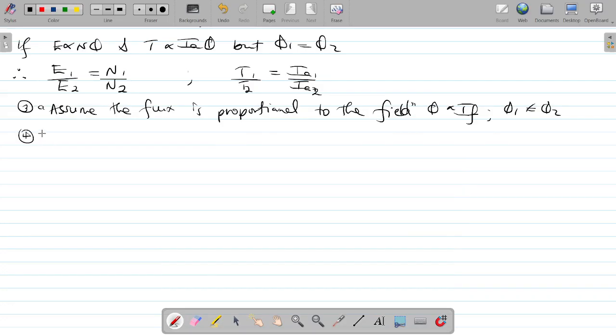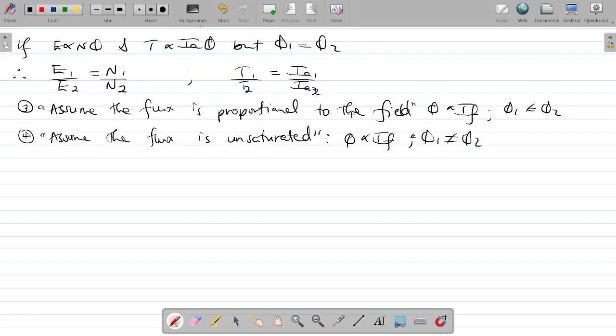Number 4, it says assume the flux is unsaturated. When you read such a statement as this one, you'll continue to say flux is still proportional to the field, and that flux 1 is not the same as flux 2.